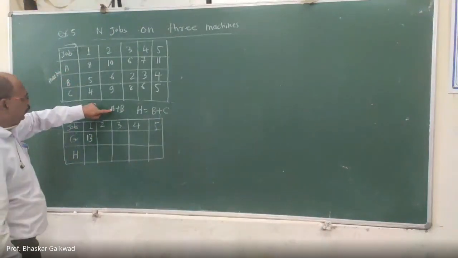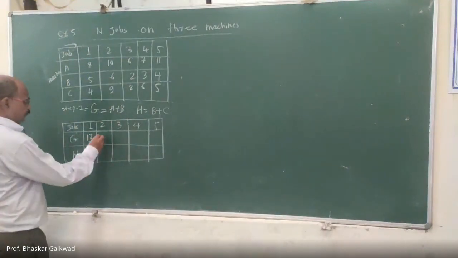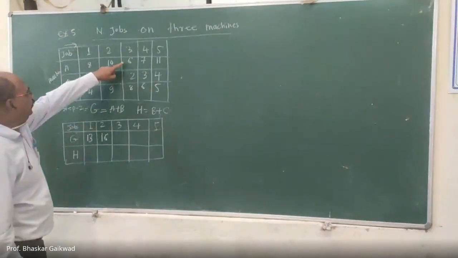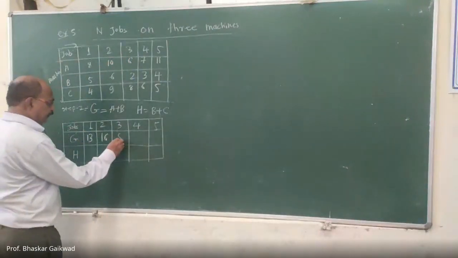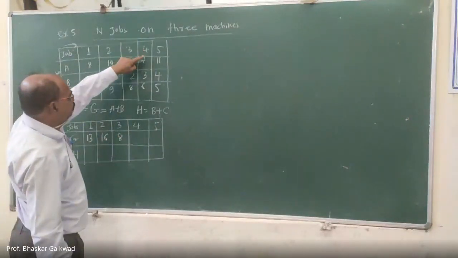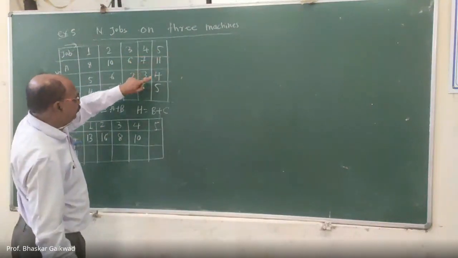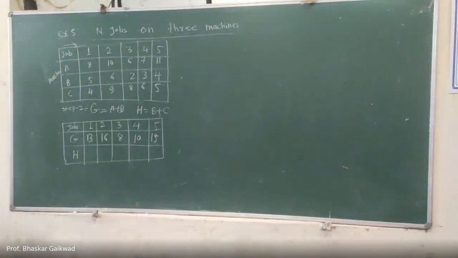Similarly, A plus B for machine 2, 10 plus 6, that is 16. Correct. After this, machine number 3, 6 plus 2, 8. Machine 4, 7 plus 3, 10. Machine 5, 11 plus 4, this is 15. Correct. So this is the combination of A and B machines.